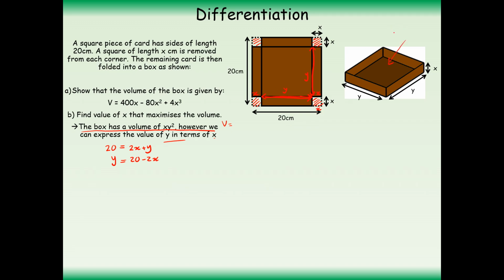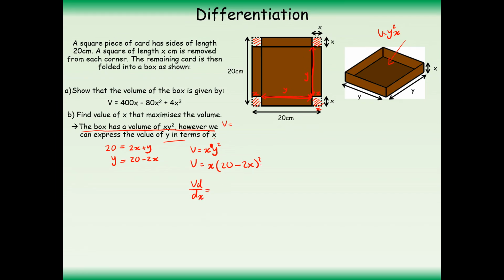So we know that the volume is x times y squared. So then volume becomes x times (20 minus 2x) squared. So expand the bracket there, and then differentiate this expression with respect to x.